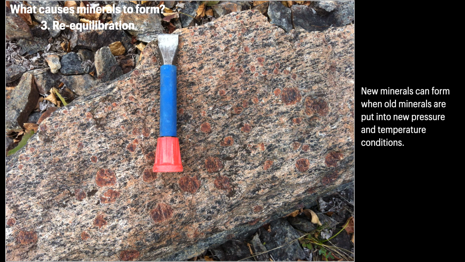The atoms in it are no longer happy in the minerals that were originally there, so they start to move around and form new minerals that are stable in those high pressure and high temperature conditions. We call that a re-equilibration. And you form things like these garnet crystals that originally were in a rock full of minerals like olivine and pyroxene and plagioclase. We'll talk about the different types of minerals soon, but the minerals that were there were no longer stable, so the atoms rearranged and formed something new.